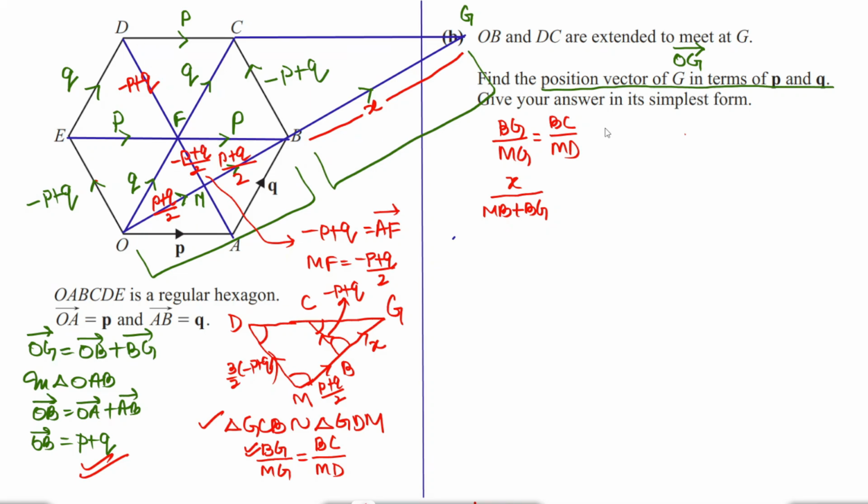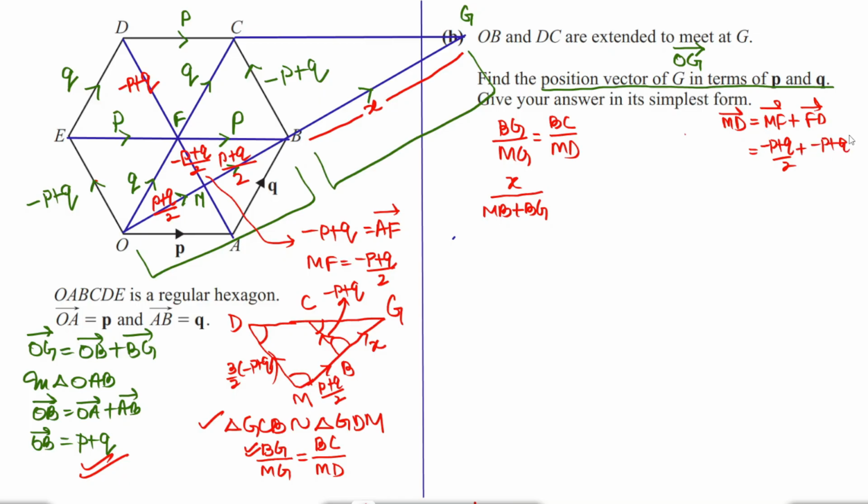MD could be found as, I'll solve it here. MD is MF plus FD. MF is minus (p plus q) by 2 and FD is minus p plus q.